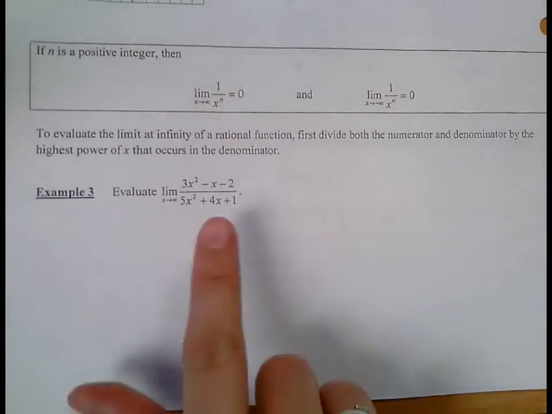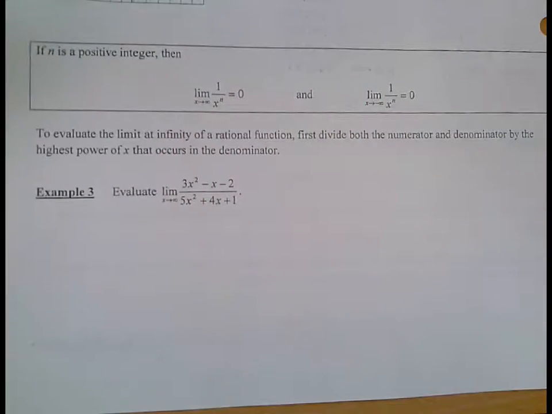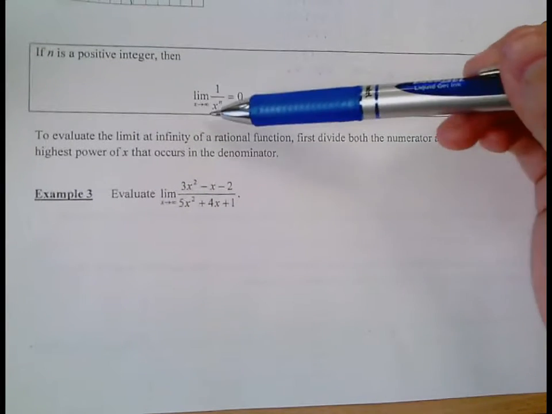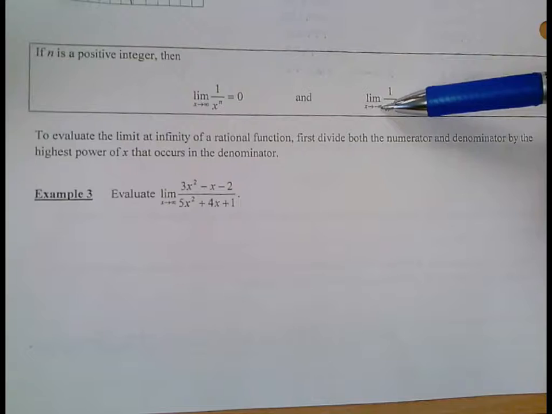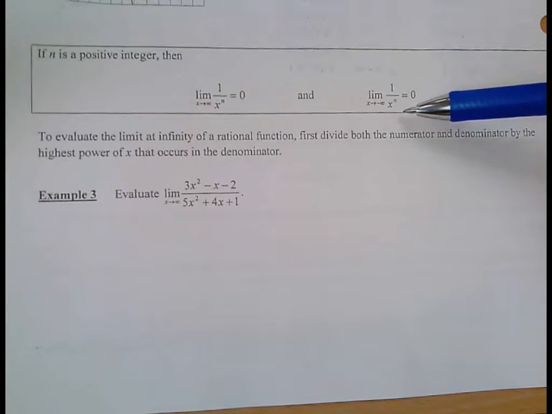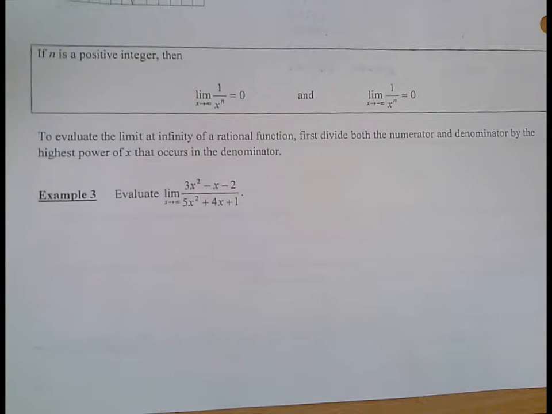So before we get here, though, I do want to talk about what's in this box. So this is important. For any positive integer n, if you have the limit as x approaches positive infinity or negative infinity of 1 over x to the power n, that limit will always be 0.